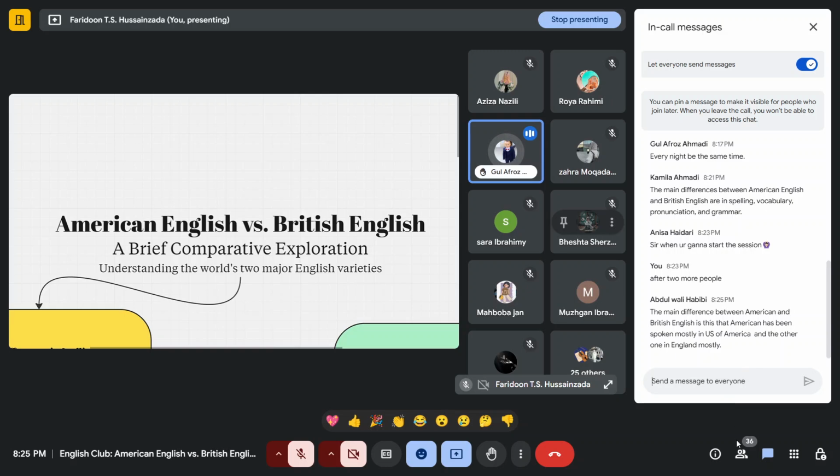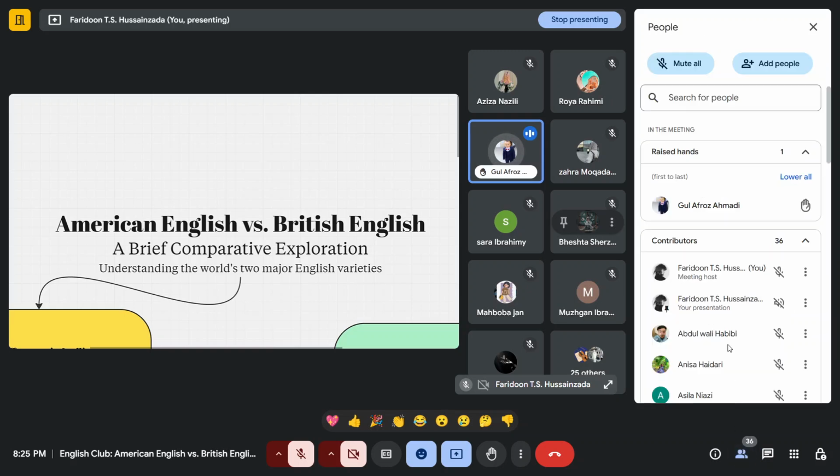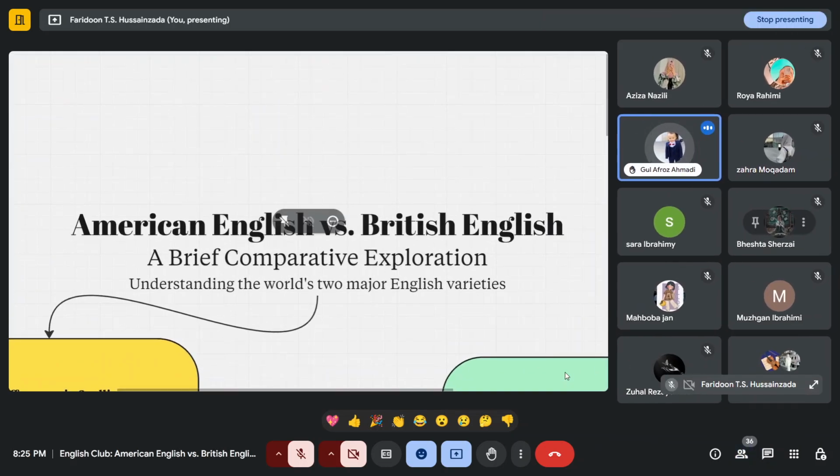For example, in spelling, British English sometimes uses OU in words like colour, favour, honour. American English uses OR in the same words, like color, favor, honor. And I really like American English because it's very amazing to me.